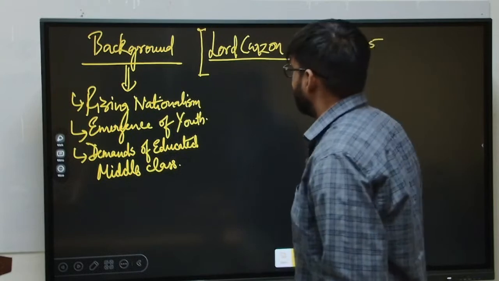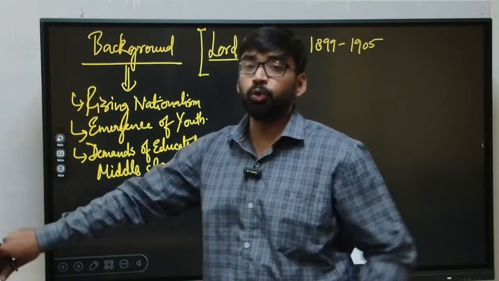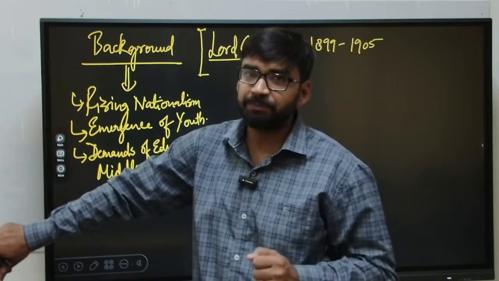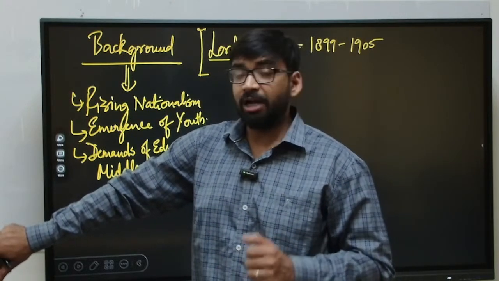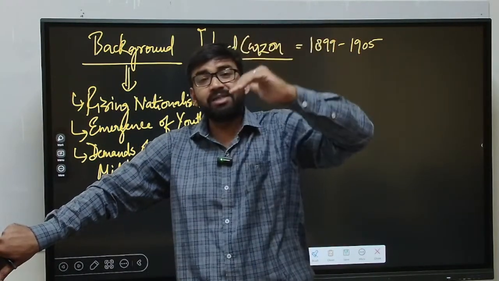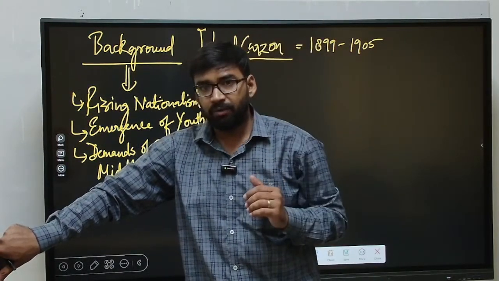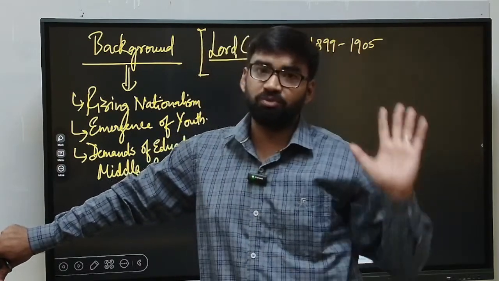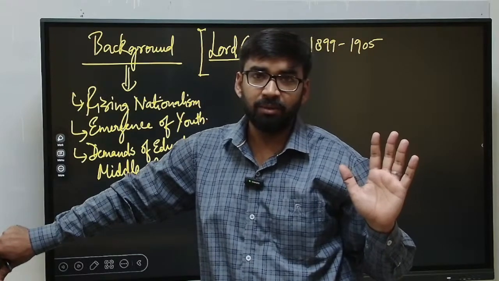Clear? Now Lord Curzon was sent to curb the nationalism. That means he should formulate those policies which curb the nationalism in India without any national movement. Without any national movement. Clear?